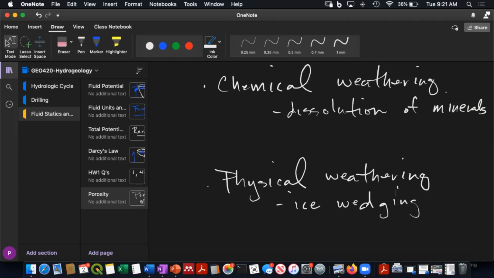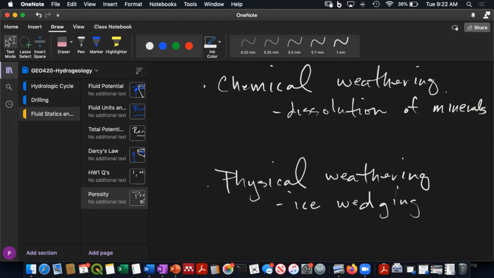Okay, so these are the biggies. We can use our knowledge of geologic history and geology to come up with some kind of predictive idea of the porosity. All right.